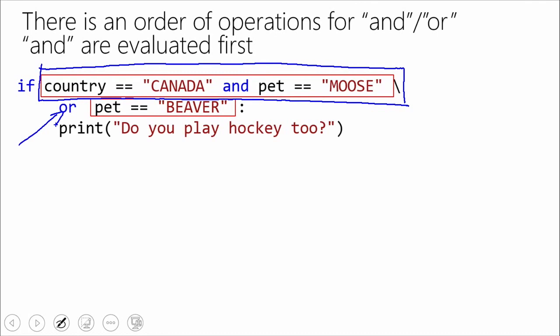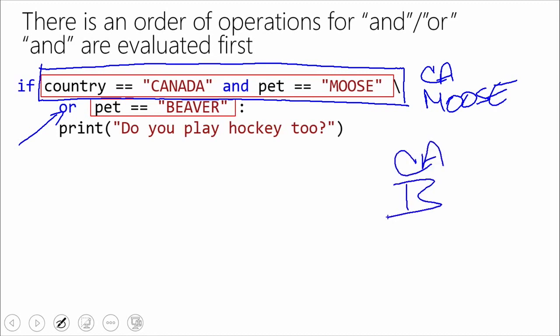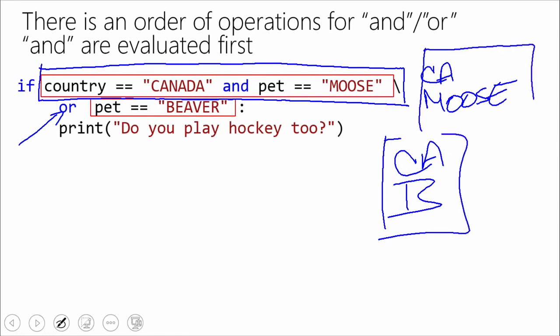So in order for this to work the way we want it to, it's only going to test correctly if you live in Canada and if you have a moose. But the other combination we're looking for is that you live in Canada and you have a pet beaver, then you're still good. That's the desired result. Canadians who have a moose or Canadians who have a beaver. So that one's still good.